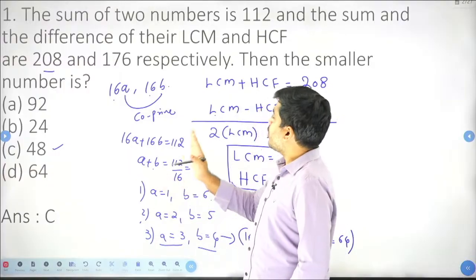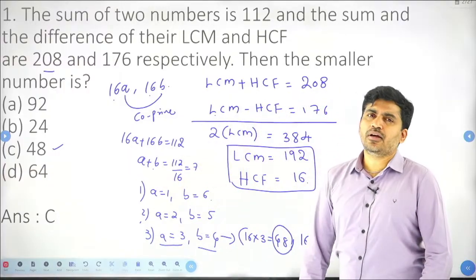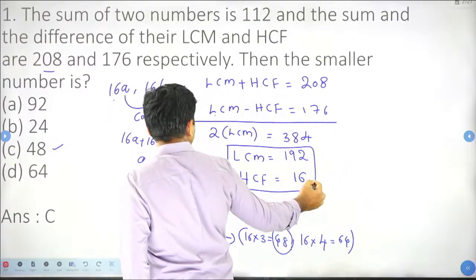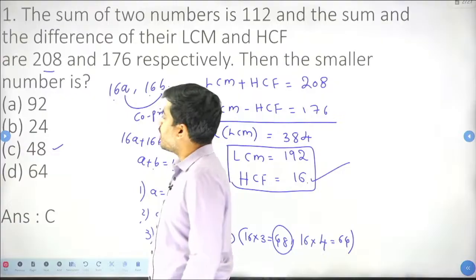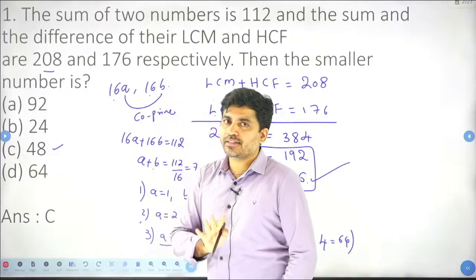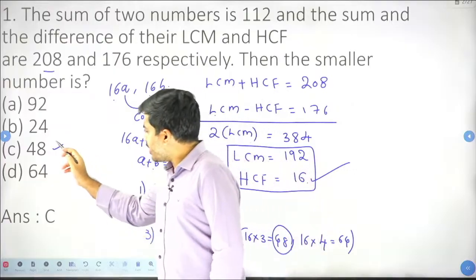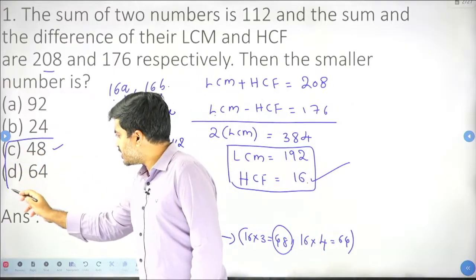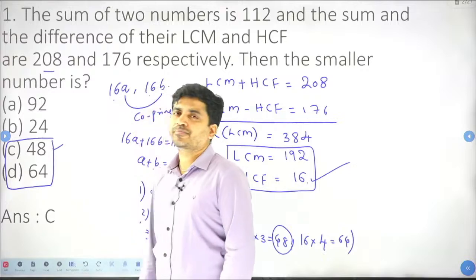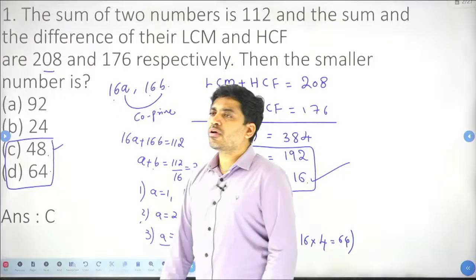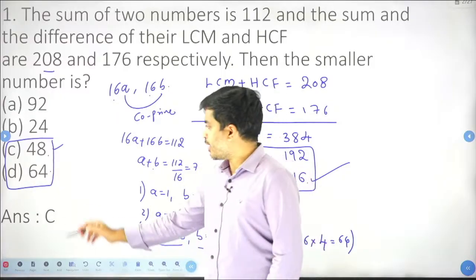Anyway, without doing all this, how to guess the answer? First of all, once you get HCF equal to 16, your answer must be a multiple of 16. That means maybe option C or option D. Then you can take 48 and 64, the HCF is 16, and find out the LCM.